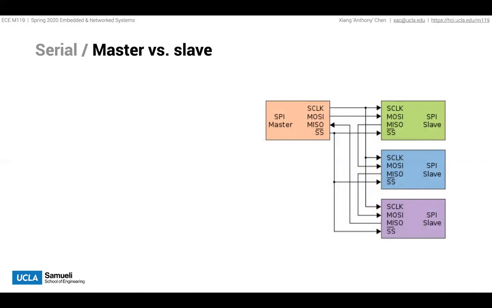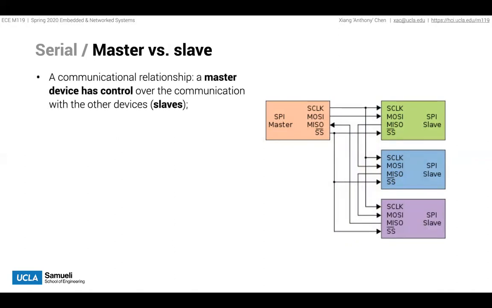Master versus slave is a way of defining the relationship between the different ends of a serial communication. One of them is the master device, which has control over the communication with the others, such as deciding when it is reading or writing to the slave devices.